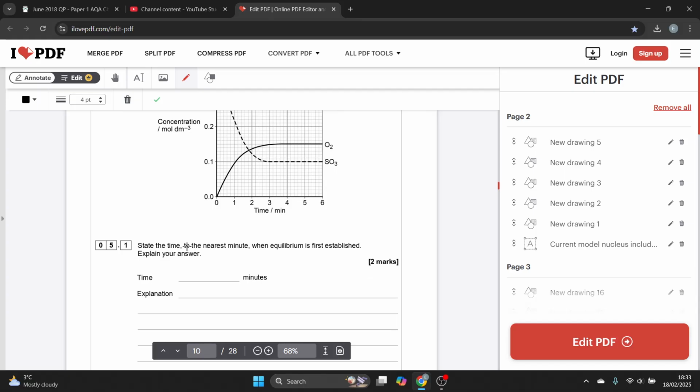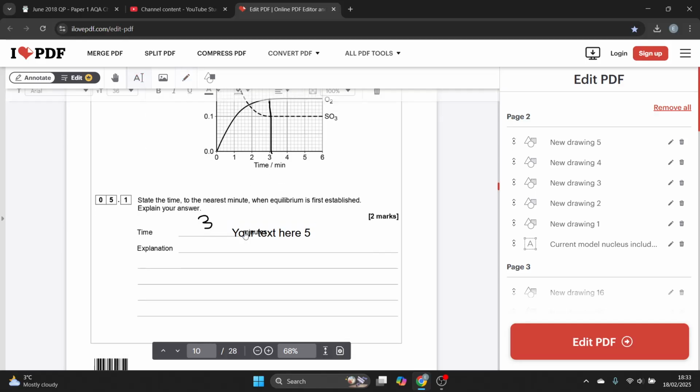Question 5. State the time to the nearest minute when equilibrium was established. 3 minutes. Reason being, explain my answer, because at equilibrium, what's the key factor?